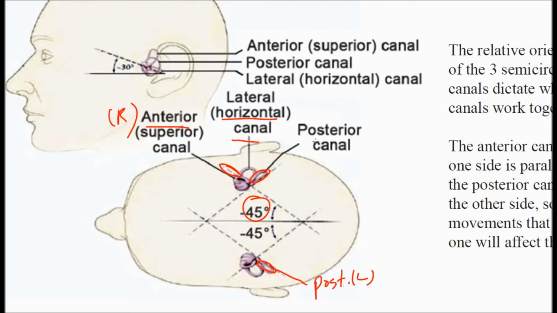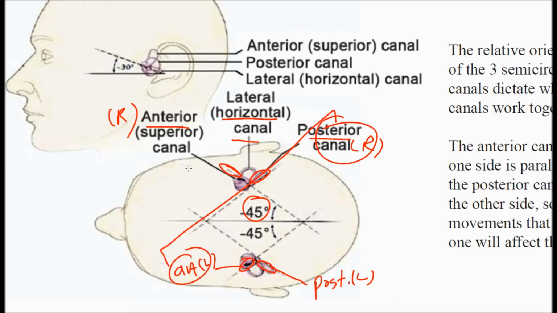So as the posterior canal on the right and anterior canal on the left. Those 2 canals form a functional pair because they sit in the same plane, but because of the hair cell, the stereocilia direction is the opposite, they can actually detect the opposite rotation.